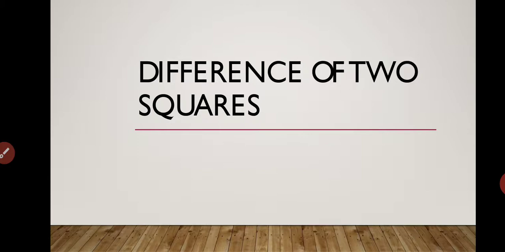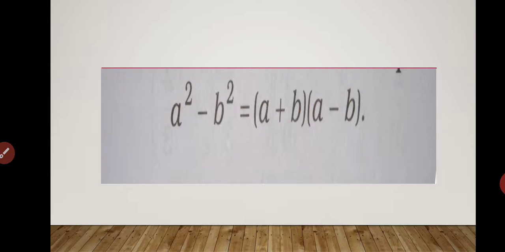Okay, so here, as you have already studied about the different identities in special products and expansion, one of the identities was a square minus b square, such that we consider a as one number and b as the second number.